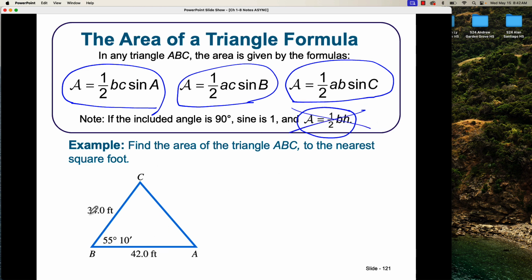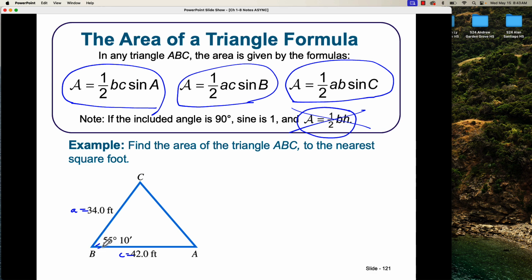All right, I need to label these to make my selection. Across from capital A, I would write a little lowercase a equals 34.0 feet. Across from capital C, I'd write a lowercase c equal to 42.0 feet. And we have the measure of capital B as well.